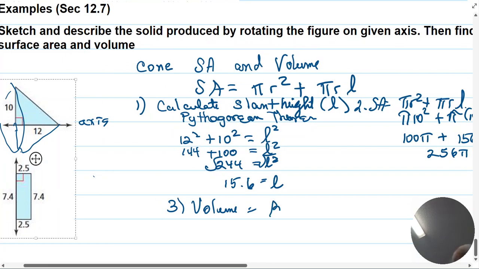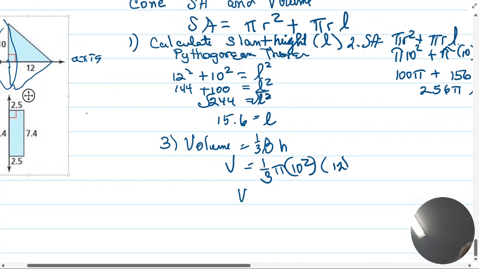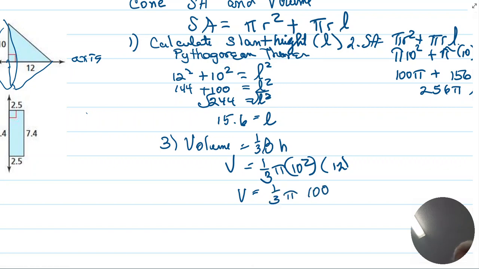So pi 10 squared times the height. All right. This is 100 times the 12. And this is in units cubed.